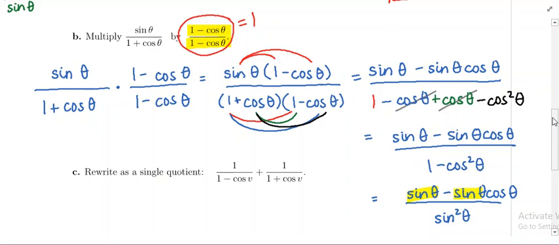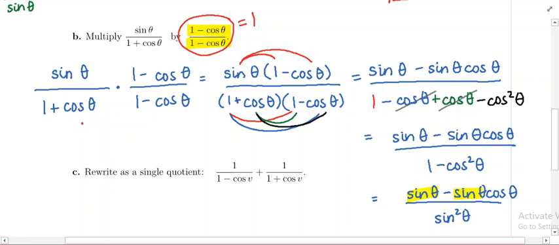Since you're not dealing with an equation, you can't apply that rule, whatever I do to one side, I can do to the other. When you have an expression, you cannot change the original expression. You have to work with that expression. Essentially, multiplying it by 1 does not change the original expression.